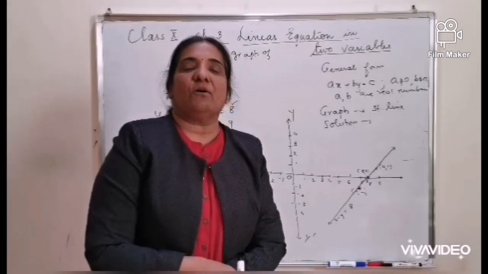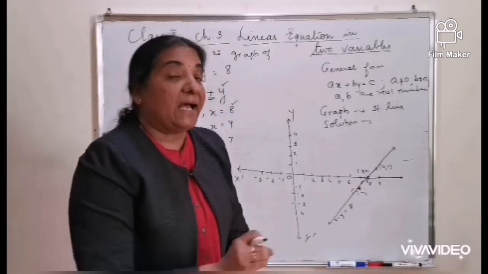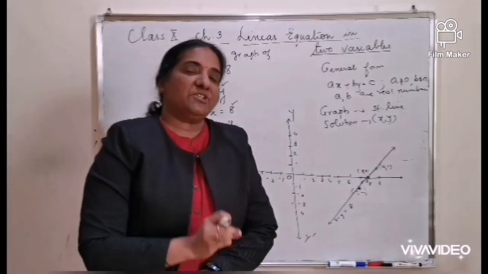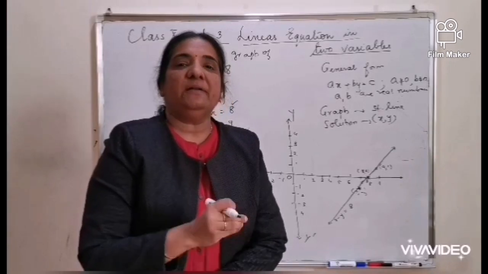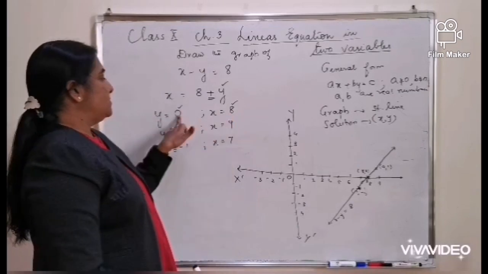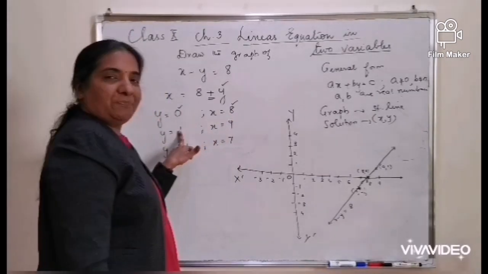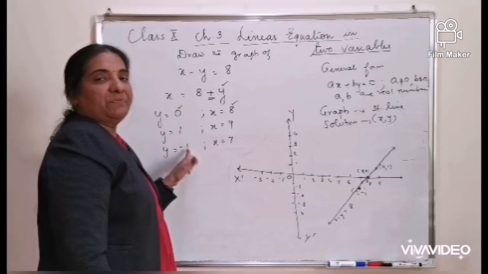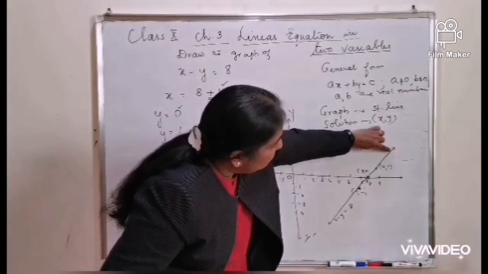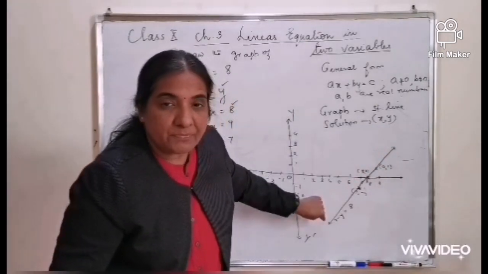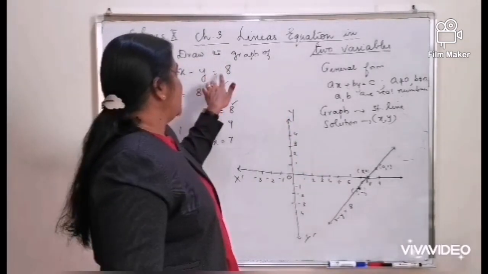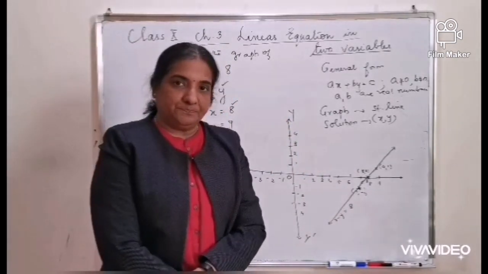The solution of the linear equation is that ordered pair xy which satisfies the given equation. The points (8, 0), (9, 1), (7, minus 1) are the 3 points we considered, but there are infinite points on this line which satisfy the equation x minus y is equal to 8.